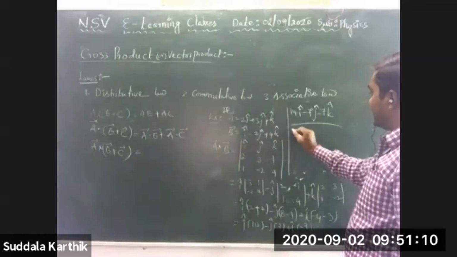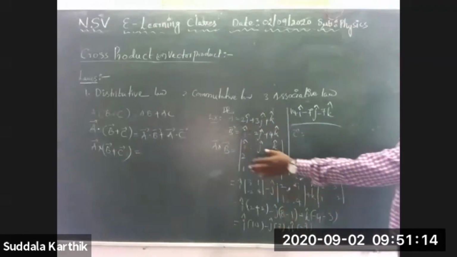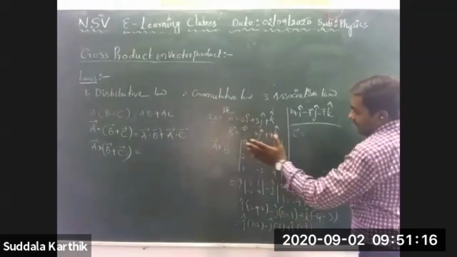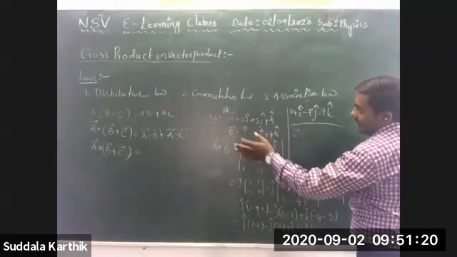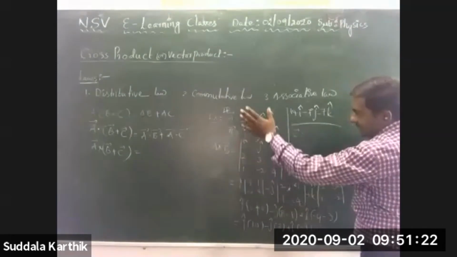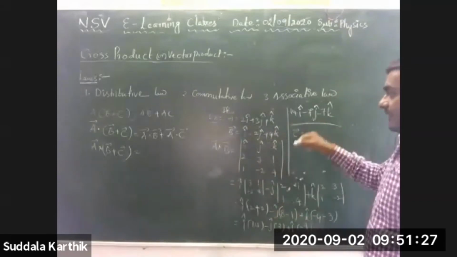Now see here, some C bar vector also I am taking. This is the general example. How to find A bar cross B bar by using this method, I have given in the example. Now C bar vector also I am taking.